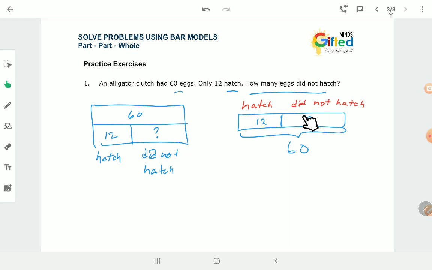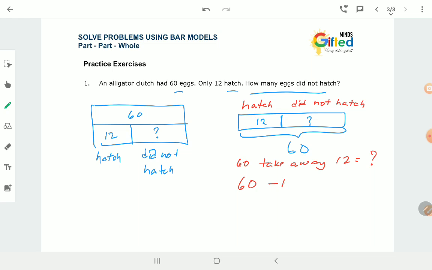So for you to get the question mark, you're saying, oh, I have 60. I take away 12. Then I will get the question mark. Right? So what is it? You have 60.